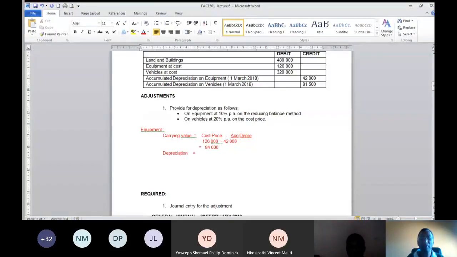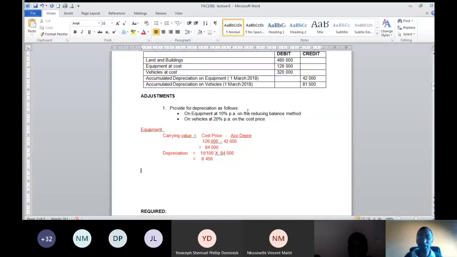Now we can calculate depreciation. Go to the rate, 10% per annum. So you take 10% times the carrying value, which is 84,000 Rand, and that will give you a depreciation expense. Your depreciation on your equipment you have calculated now as 8,400 Rand. That is your depreciation expense for the year.